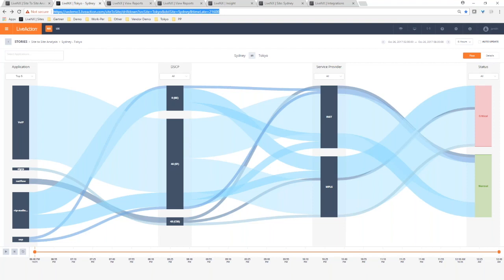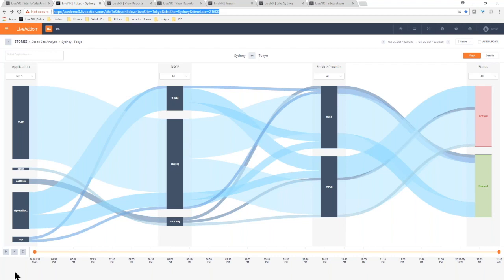And the status can come from telemetry information from the edge devices. It could come from the controller itself telling us that there's jitter, latency, or packet loss issues, for example. Or it could be straight application performance information. So we correlate information from various sources to give you this critical or normal.